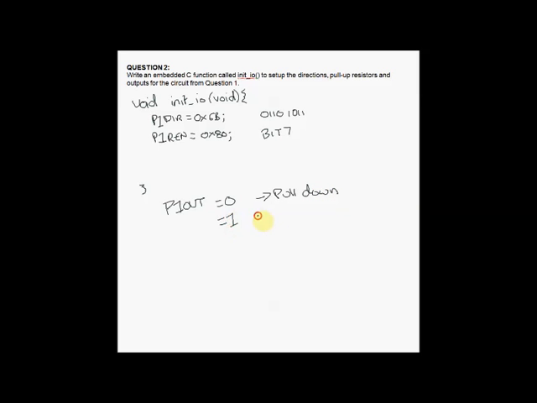If it's high, it's pull up. So we say P1OUT equals, and in this case we'll use the other notation and say BIT7. We could have changed it with 0x80 in hex as well.